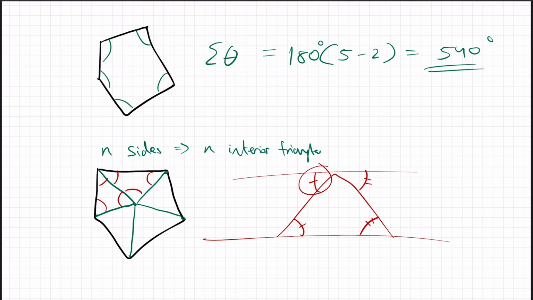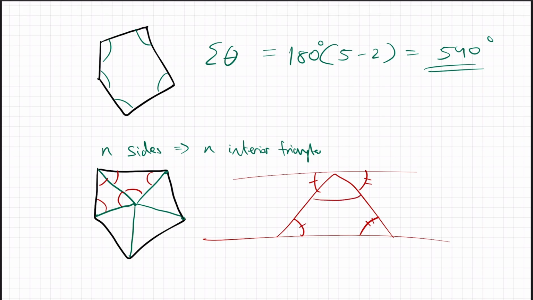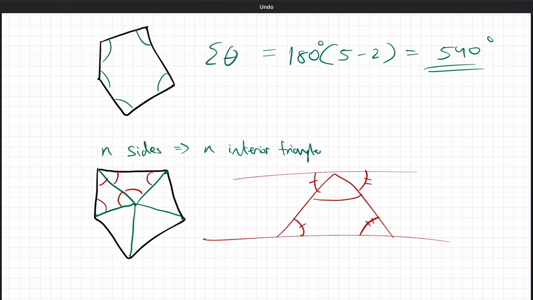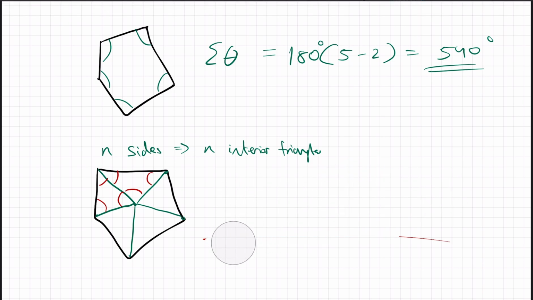These two are the other angles of a triangle, and this is the third angle. Angles on a straight line add up to 180, so therefore angles in a triangle add up to 180. That's a quick way of proving why angles in a triangle add up to 180.